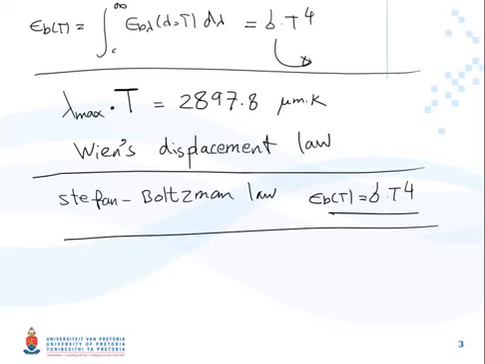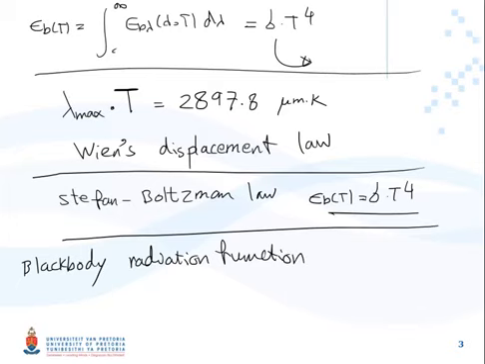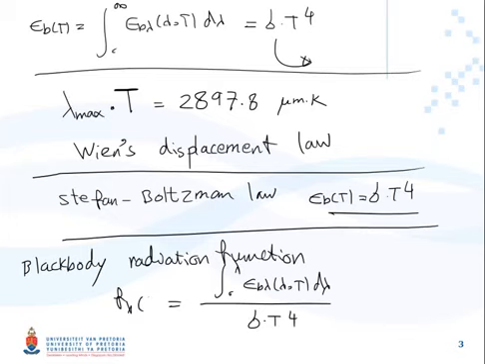If we want to do the integral for smaller boundaries, like between 0 and lambda, we define another function called the blackbody radiation function, as the integral from 0 to lambda of E_b lambda (lambda, T) d lambda divided by sigma T^4, called F lambda T, the blackbody radiation function.